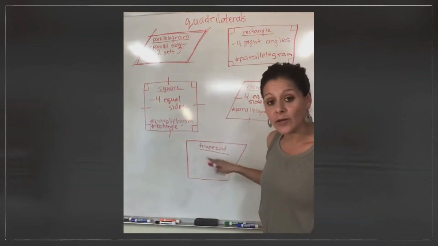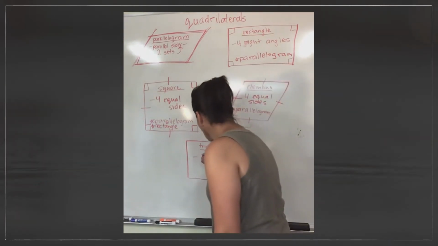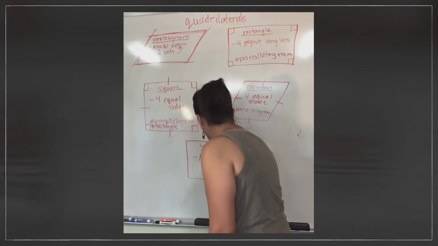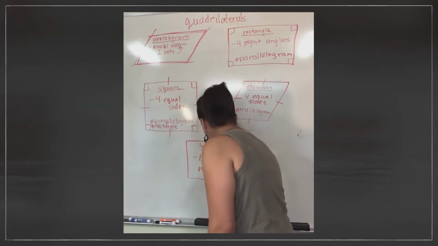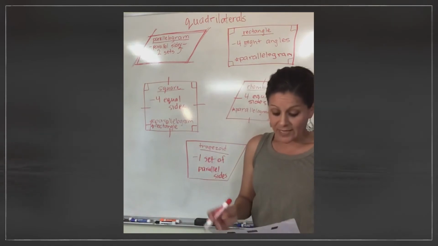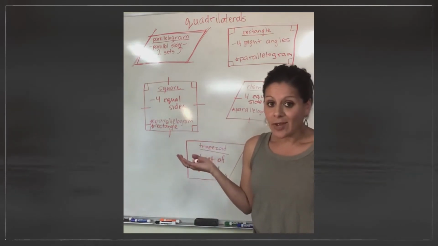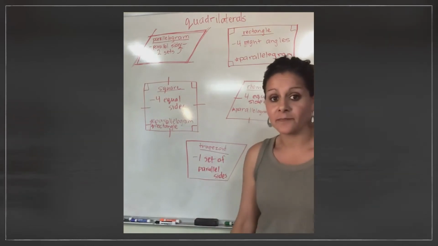A trapezoid only has 1 set of parallel sides. That's what makes it a trapezoid. That's it, 1 set of parallel sides.